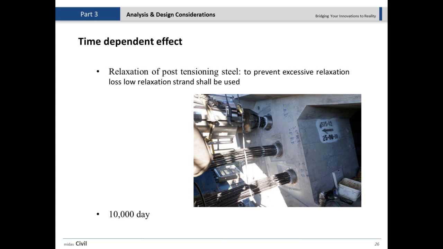To avoid that, the code normally does not require it, but asks us to use low-relaxation strand. Those are pretty helpful to come up with lesser relaxation loss. So all those effects, like creep and shrinkage, relaxation loss, and friction losses in post-tensioning, will all be added to each other.